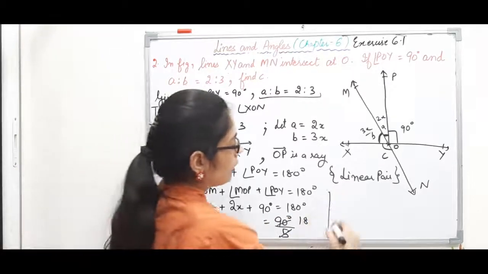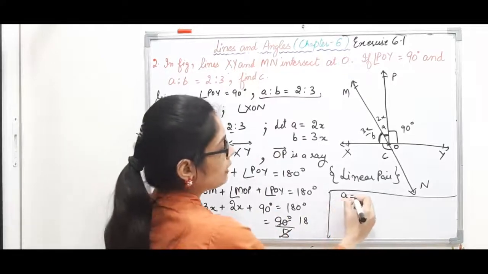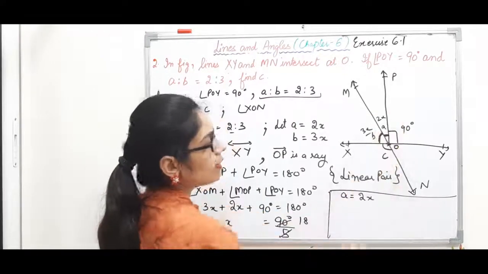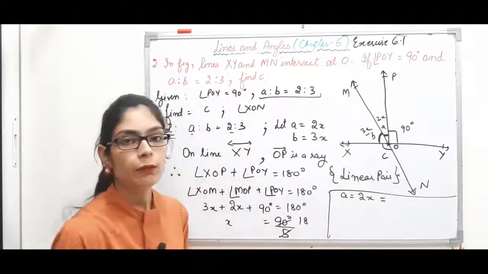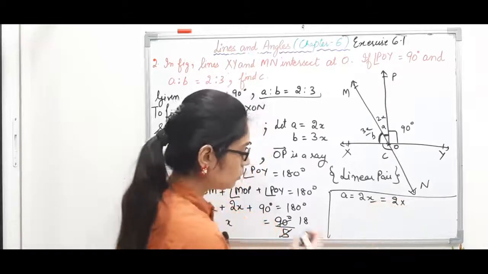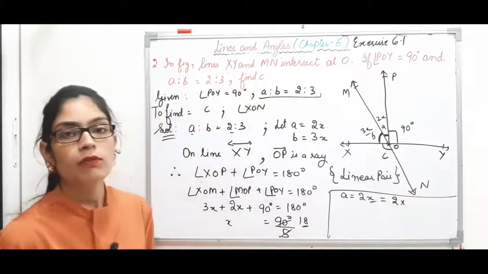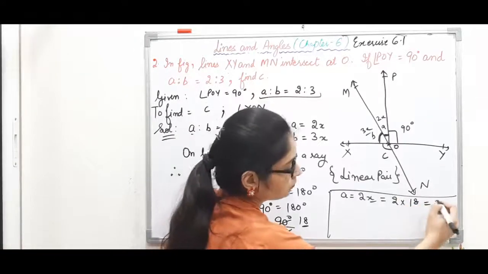Now we have got the value of x, so we can easily find the value of a and b. So a is equal to 2x. See, we have already assumed a equals 2x, which means 2 is getting multiplied with x. So we can write 2 into x, which means we have to substitute the value of x, and it is equal to 18.